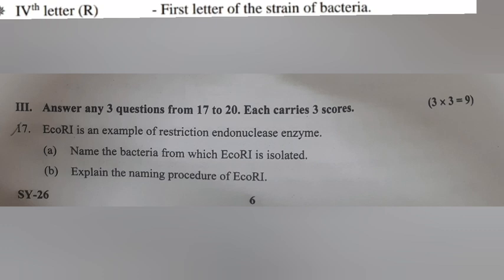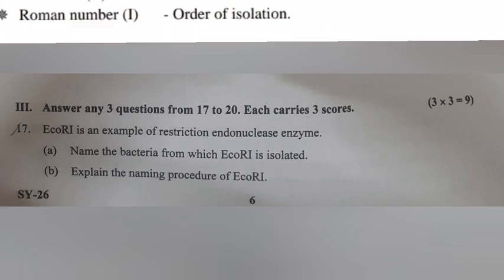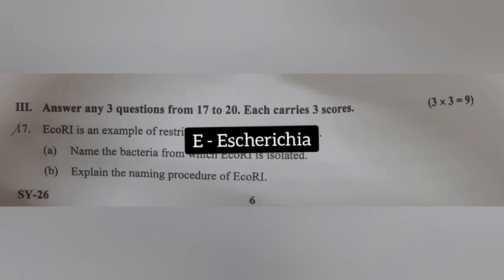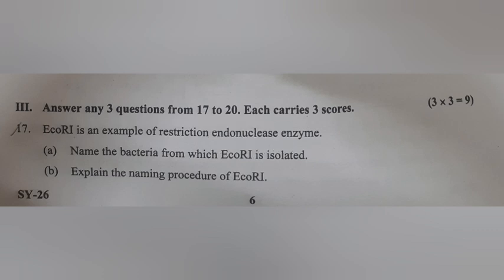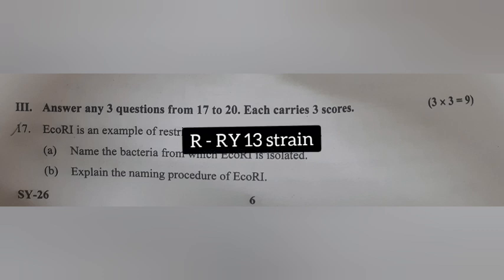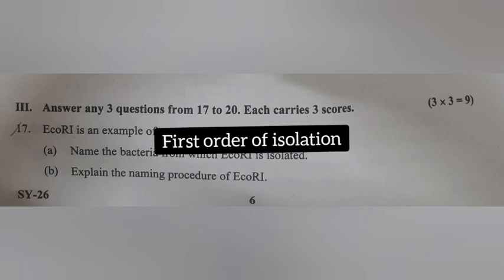The fourth letter, that is R, represent the first letter of the strain of bacteria. The Roman number 1 represent the order of isolation. Or E represent Escherichia, Co represent coli, R represent RY13 strain, 1 represent the first order of isolation.